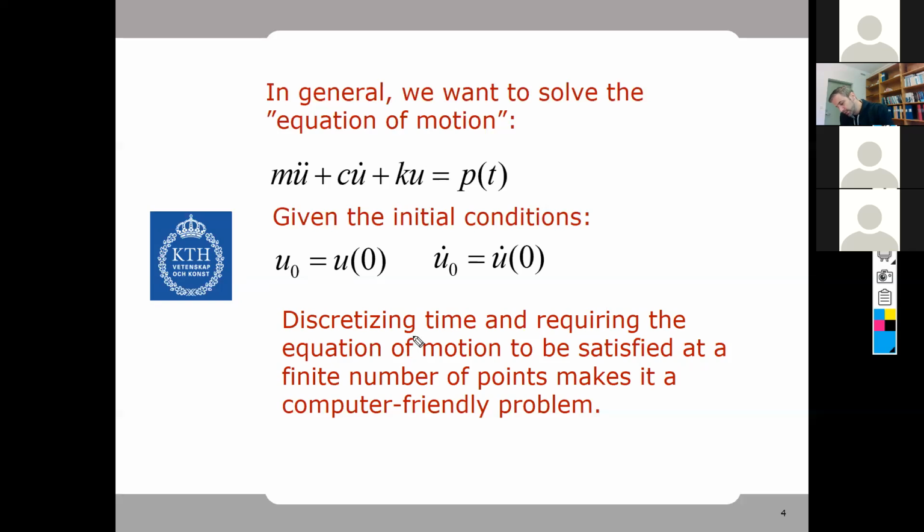So what we do is we discretize time. Okay? That means that we choose specific intervals of time for which this equation will be satisfied. So if I were to try to draw this, let's say that we have the displacement u that we want to calculate, and time.